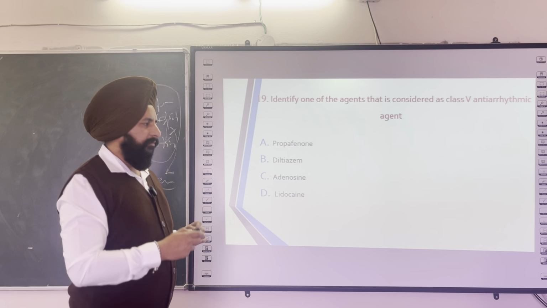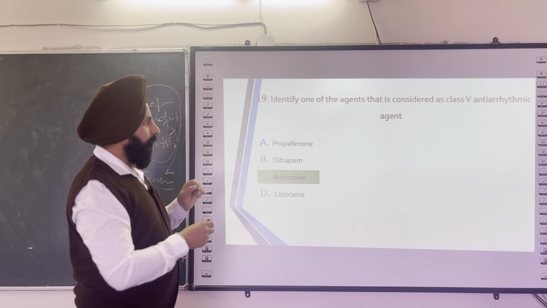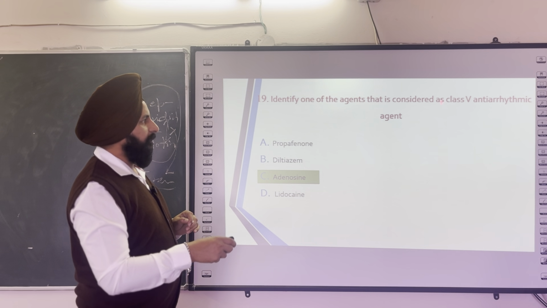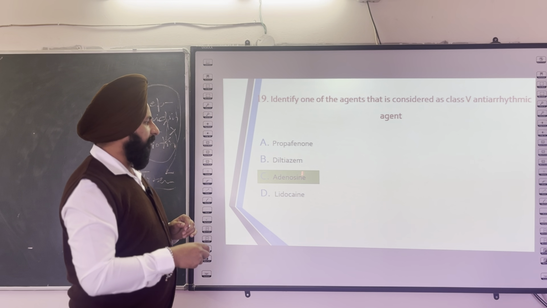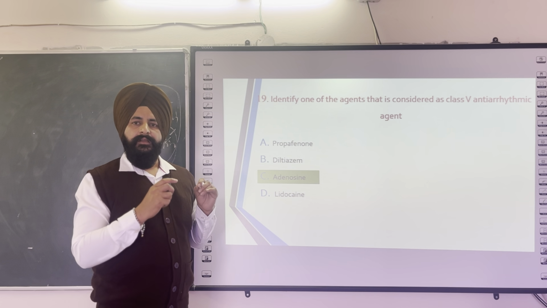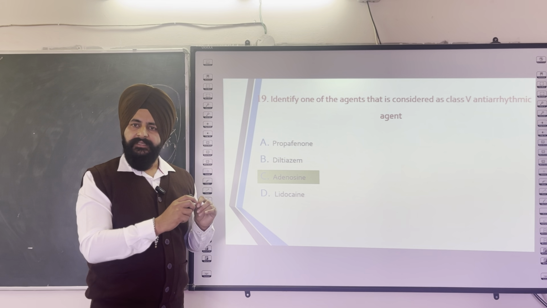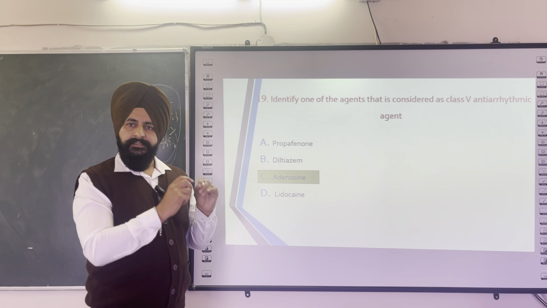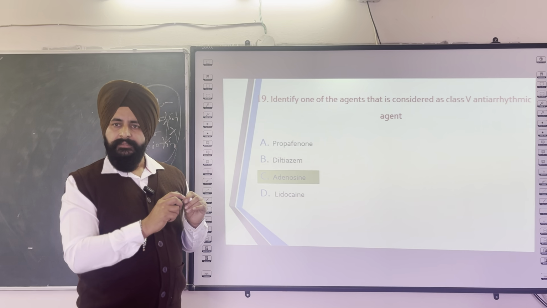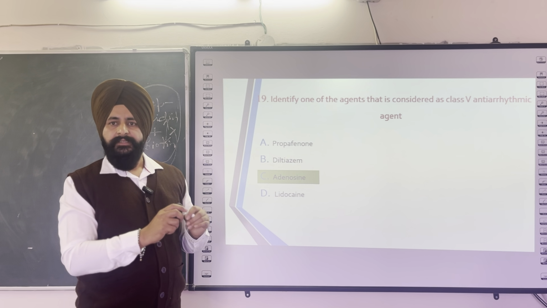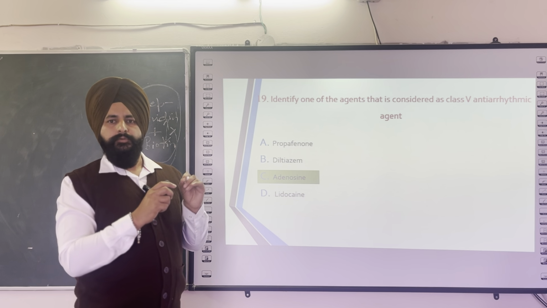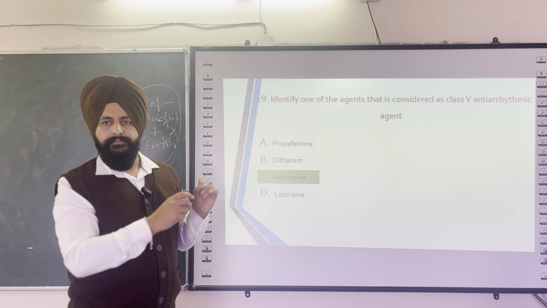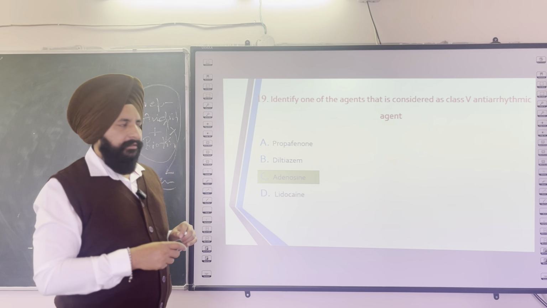The correct answer for this question is adenosine, and adenosine is a class 5 antiarrhythmic agent. It is also used to treat arrhythmia, atrial and ventricular flutters, ventricular fibrillations, and tachycardia. So adenosine is a useful agent as a class 5 for arrhythmia.